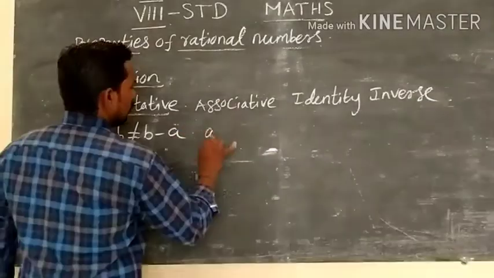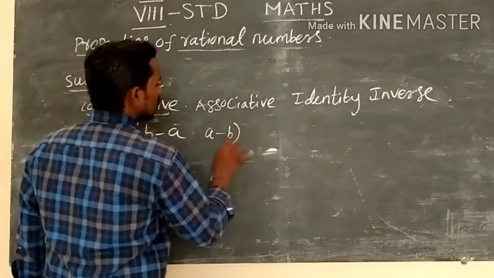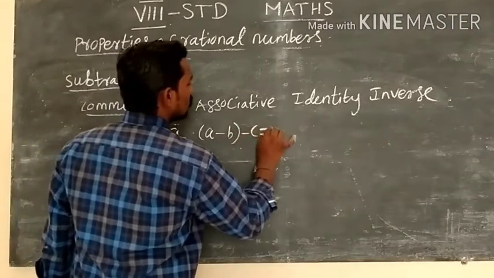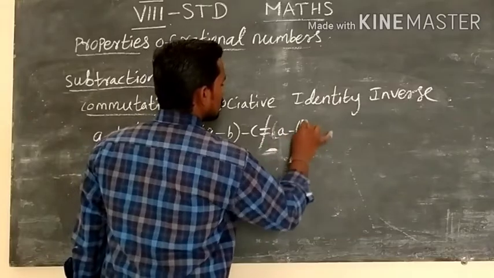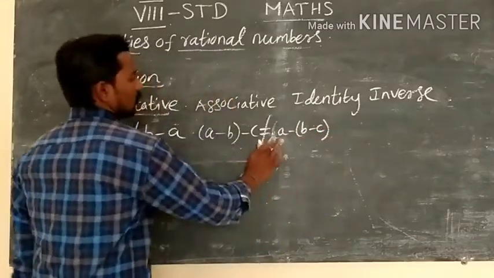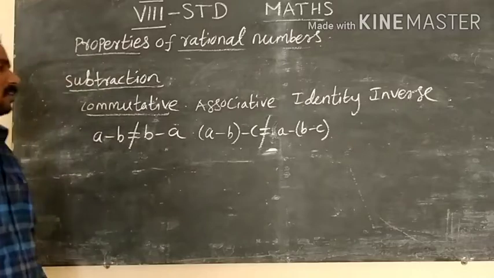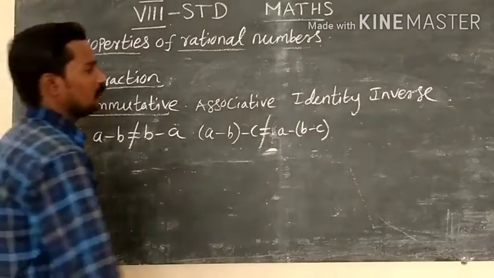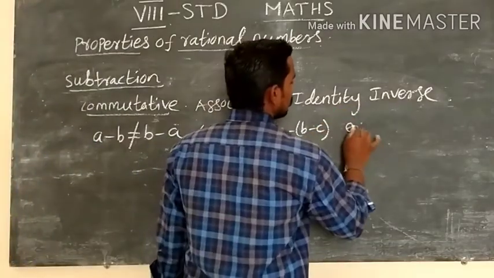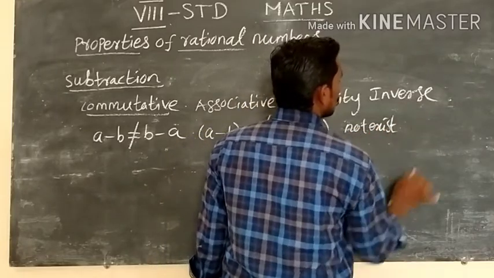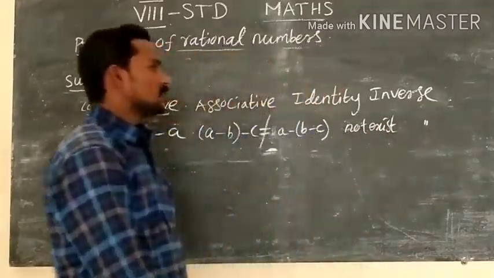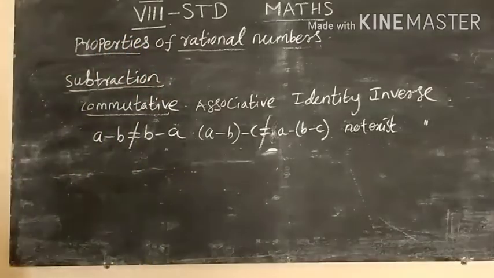Associative property: a minus b minus c does not equal a minus b minus c grouped differently. Then the identity property does not exist. The same with the inverse, it also does not exist.